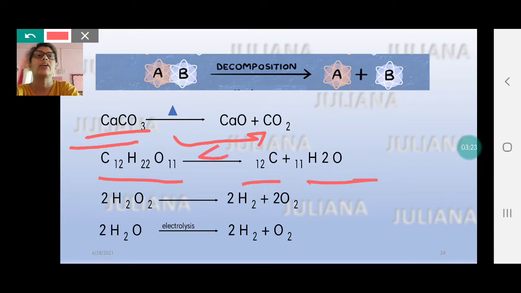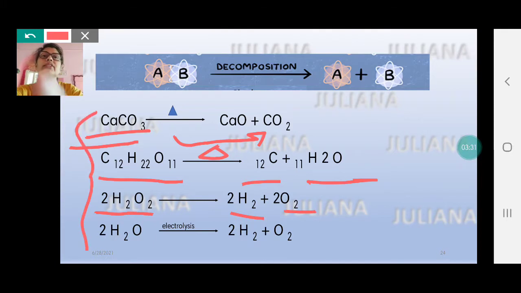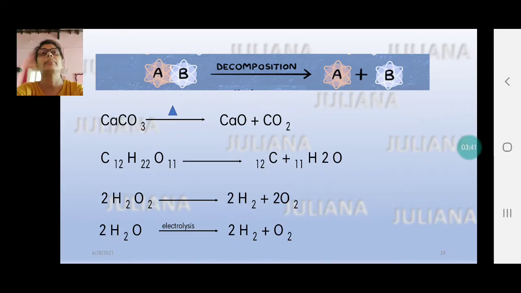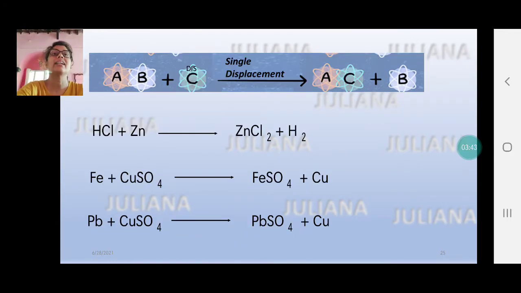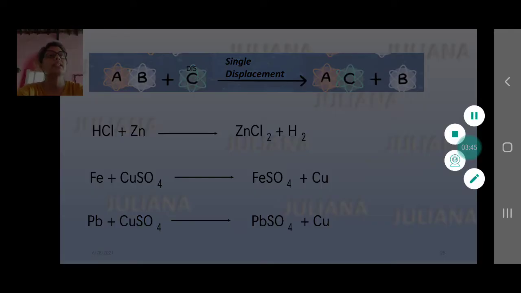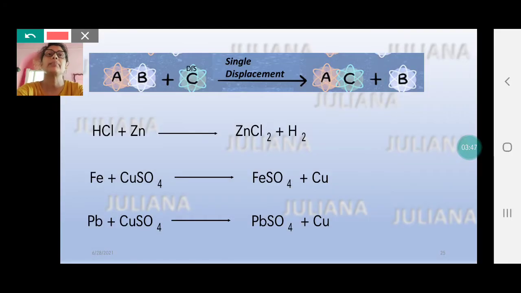Then 2H2O2, hydrogen peroxide, gives you water and oxygen. In all these cases, you have just one reactant but two or more products. So this is decomposition. Electrolysis of water giving you hydrogen and oxygen is again a decomposition reaction.